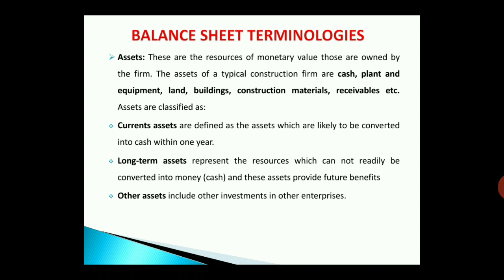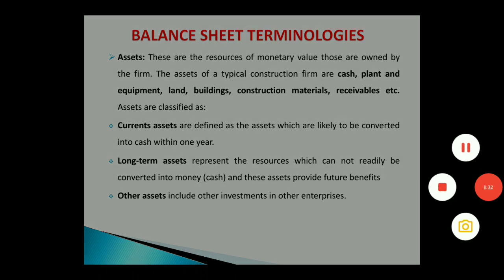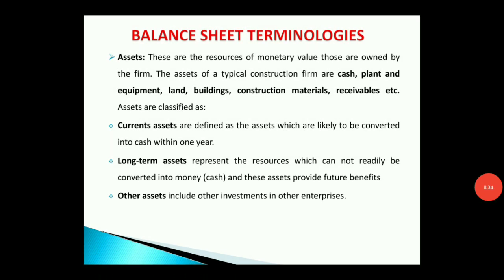So friends, let's start with the terminologies of the balance sheet. First term which we have to study here is the assets. These are the resources of monetary value which are owned by a firm or a company. These include cash, plant and equipments, land, buildings, construction materials and the receivables. Receivables is the payments which you are yet to get from the market.